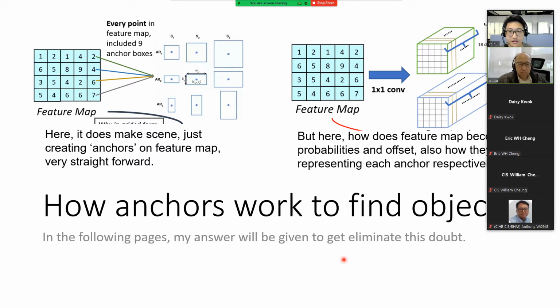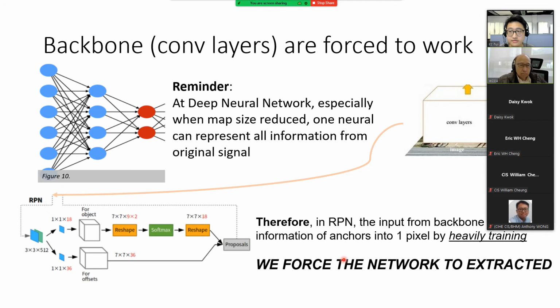Let's go through some very basic and fundamental ideas of deep neural networks. In a deep neural network, especially when the size is reduced, we call it an encoder. One neuron in the deeper layers actually represents all the information of the whole original signal. It can represent all of it.